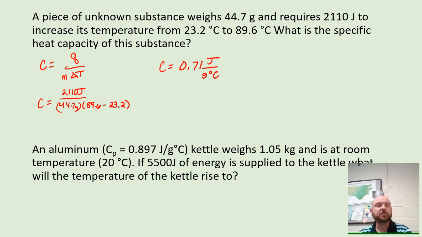They give us the specific heat of aluminum and tell us that the kettle is made out of aluminum. So we're solving for one of our temperatures. If I look at the formula, Q equals mc delta T, we're actually solving for one of the terms inside our delta T there. We're solving for Tf. They give us Ti.